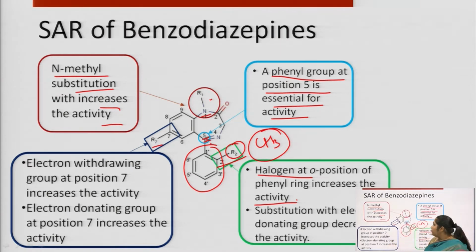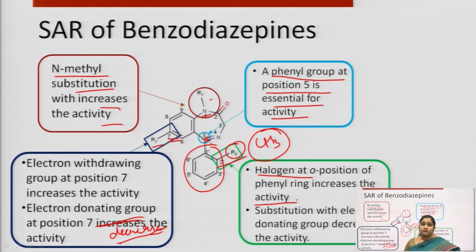When we talk about position number 7, this R7, we have seen that an electron withdrawing group at position number 7 serves the purpose and will increase the activity. But when we replace this electron withdrawing group with an electron donating group, that decreases the activity.